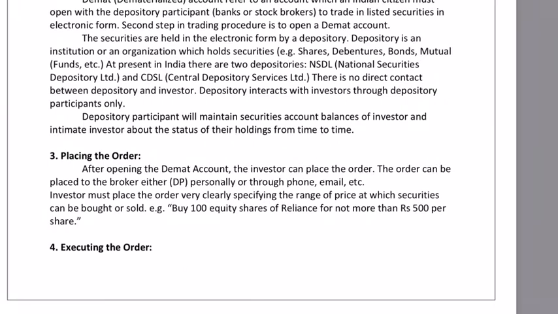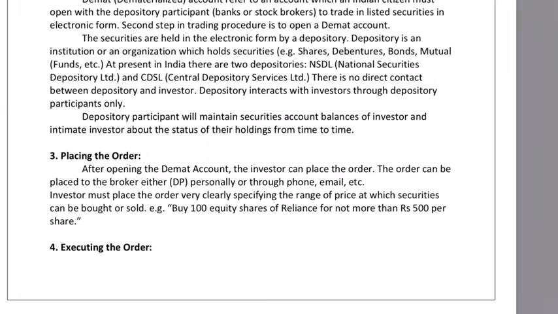Now this trading procedure is a routine procedure, and once you have a demat account, orders can be placed through a broker. So investor can consult the brokers, can go through various websites, can also look at news, and then he can place an order very clearly specifying the price range at which he is okay to buy or sell securities.